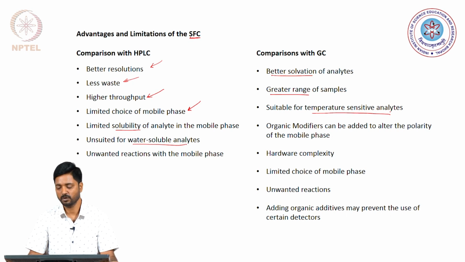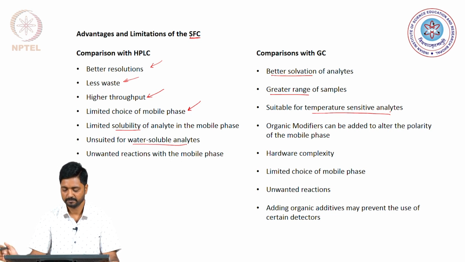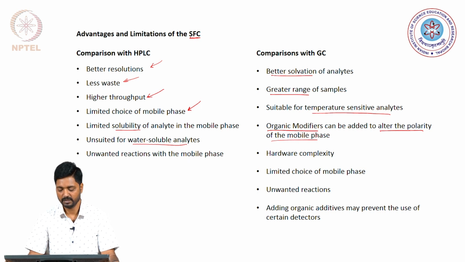Operating temperatures of 300 degrees Celsius are often routine. Now, one more important point here is that we can use certain organic modifiers to alter the polarity of the mobile phase when using carbon dioxide as the supercritical fluid.